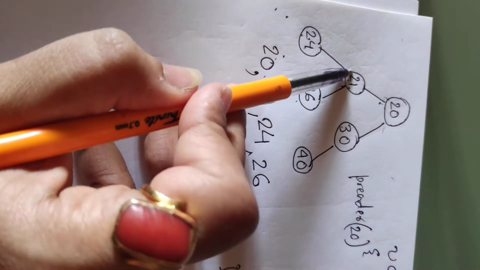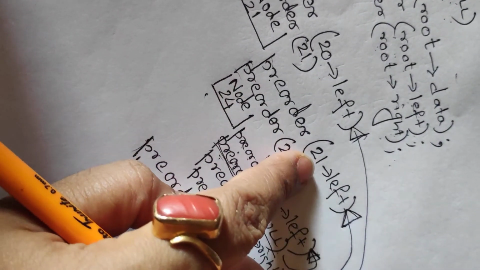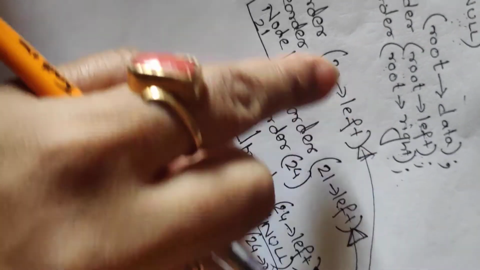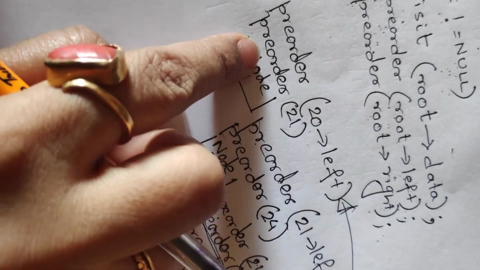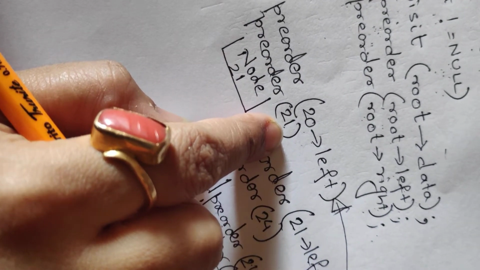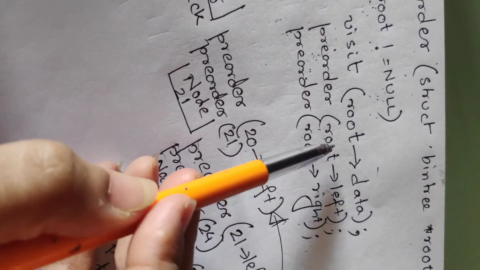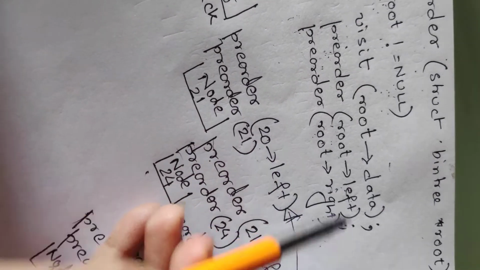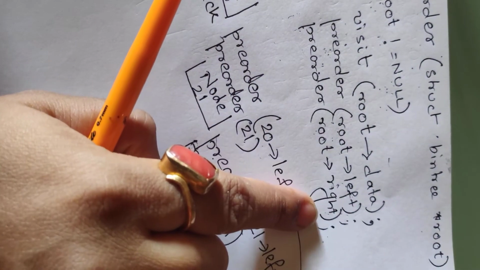20 left is actually 21. So when we had called preorder 20 left, at that time preorder 21 was called. So we come back to that point where we had called 20 left. Now after we had called 20 left, we were left with 20 right.